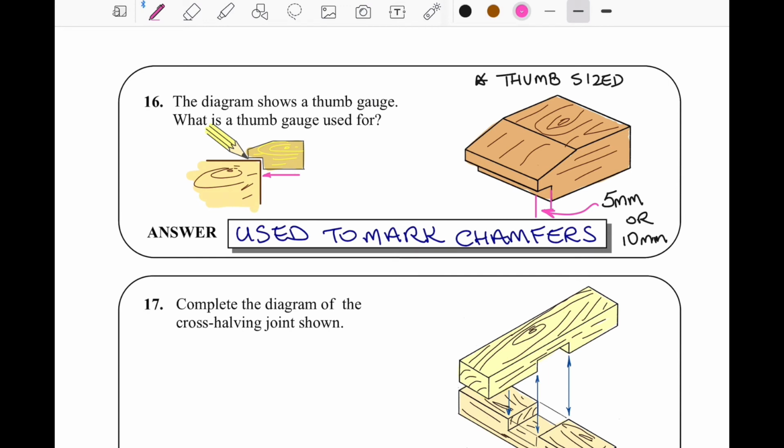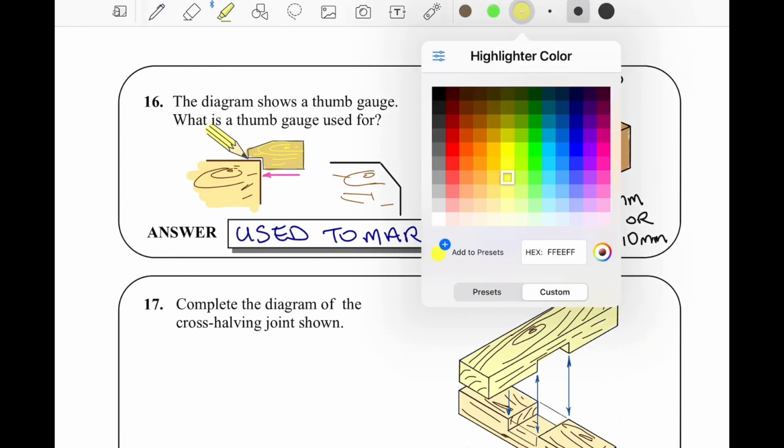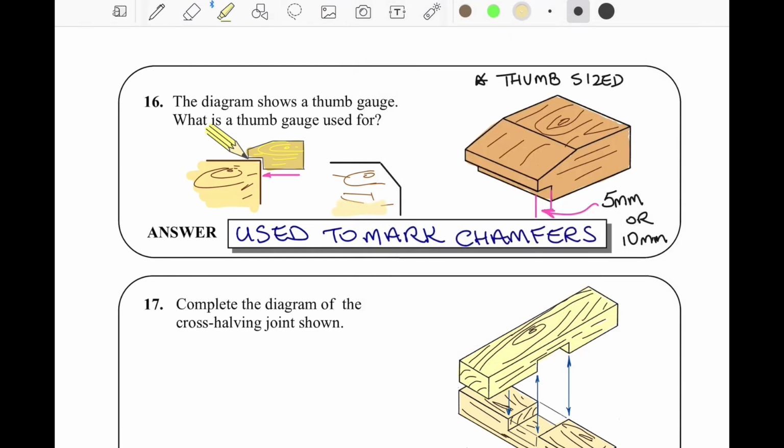And just to remind you, I suppose, and I probably should have drawn it there. Well, what is a chamfer? A chamfer is a piece of timber or a corner of something where we take away a 45-degree angle. So it goes from being what you see over there to what you are seeing here in terms of the finished item.